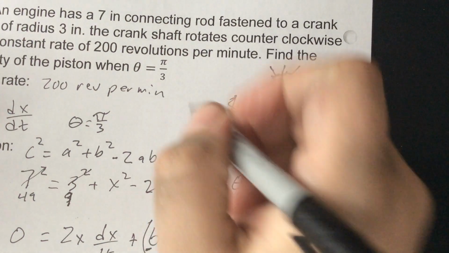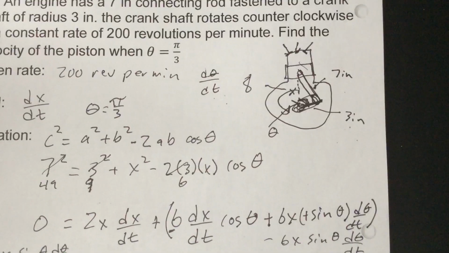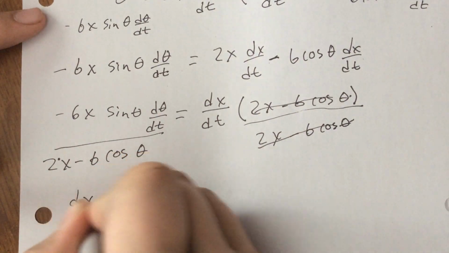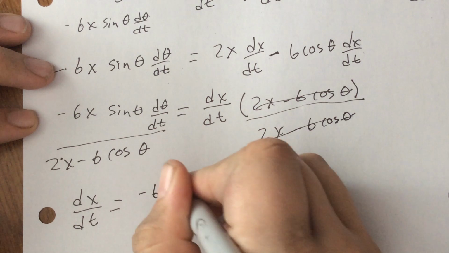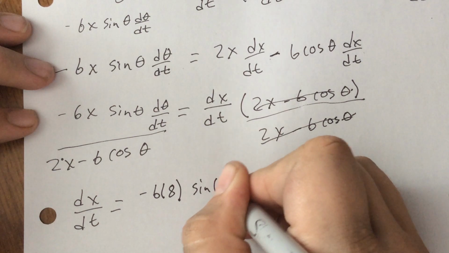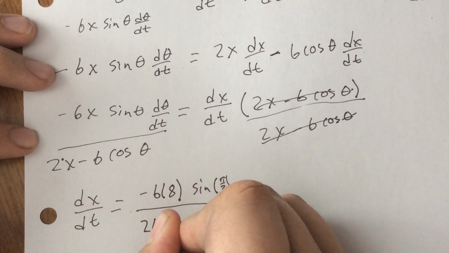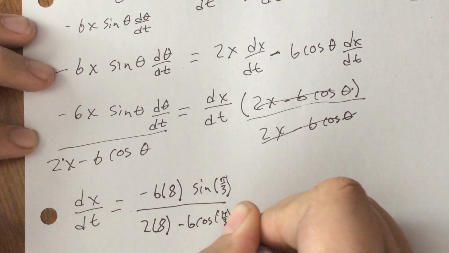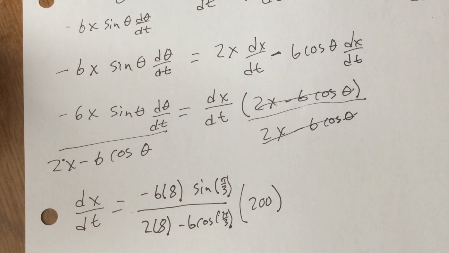So this is our rate. This is how theta is changing, so this is d theta over dt. Now when we plug stuff in here, dx over dt would equal negative 6, and our x is 8, sine of pi over 3, over 2 times 8 minus 6 cosine pi over 3, all times 200, which is the d theta over dt.